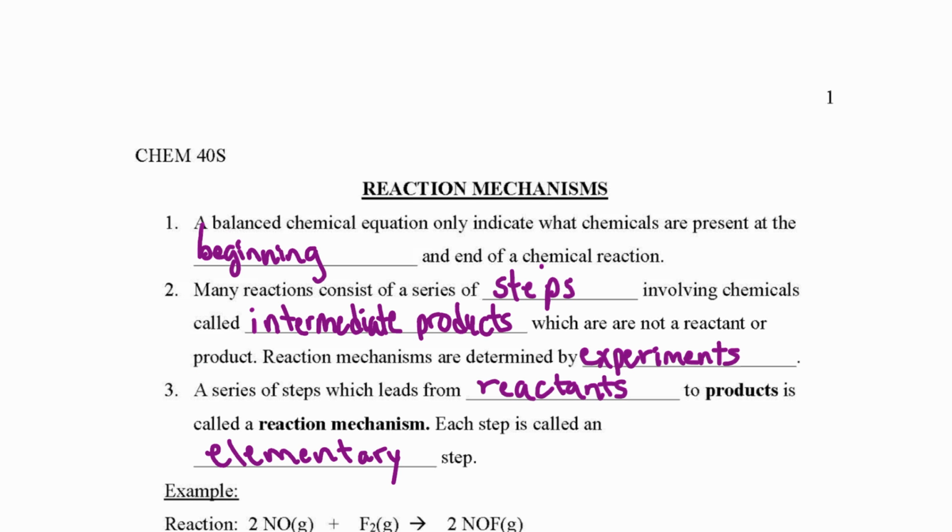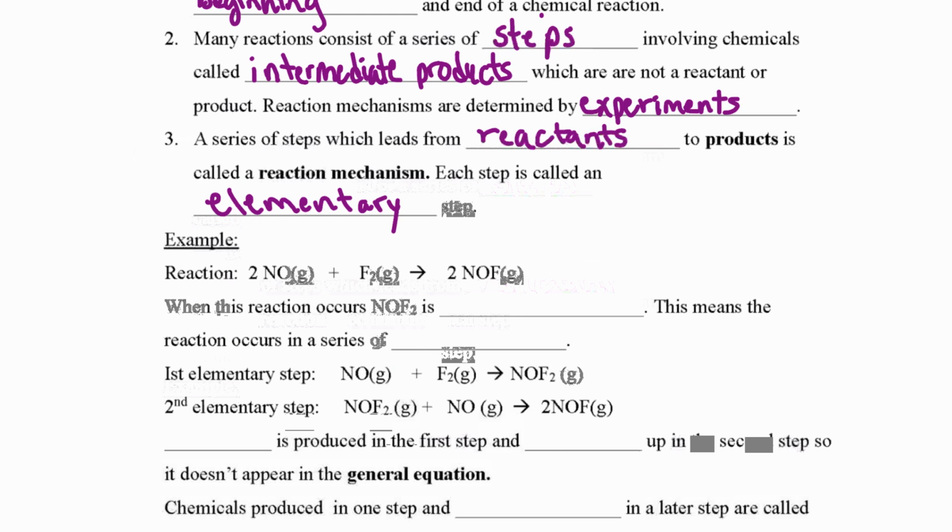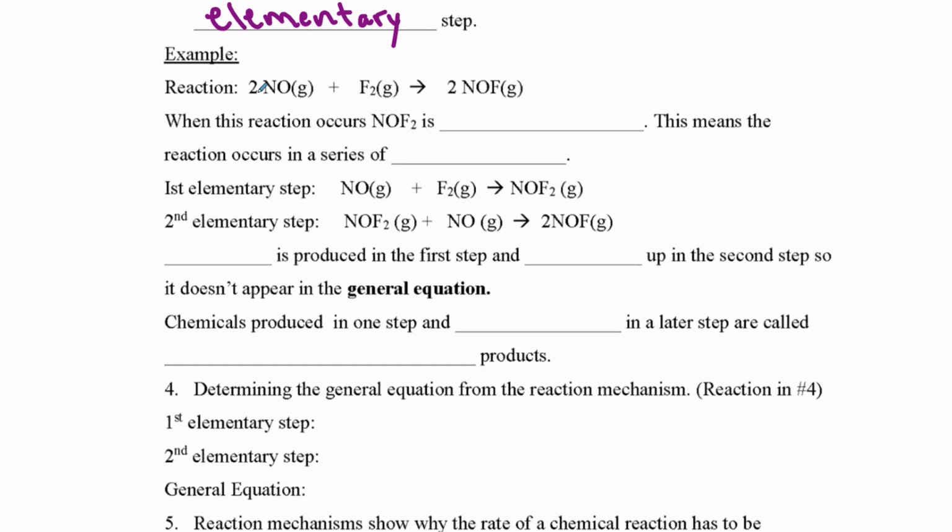So let's just look at some examples to figure this out. So here's a reaction. 2NO, 2 nitrogen monoxide plus fluorine gas produces 2NOF. So that's your final net equation, your balanced chemical equation. But this reaction doesn't just happen all at once. It is broken down into 2 steps. So through experimentation, this intermediate product was detected, and it's NOF2.